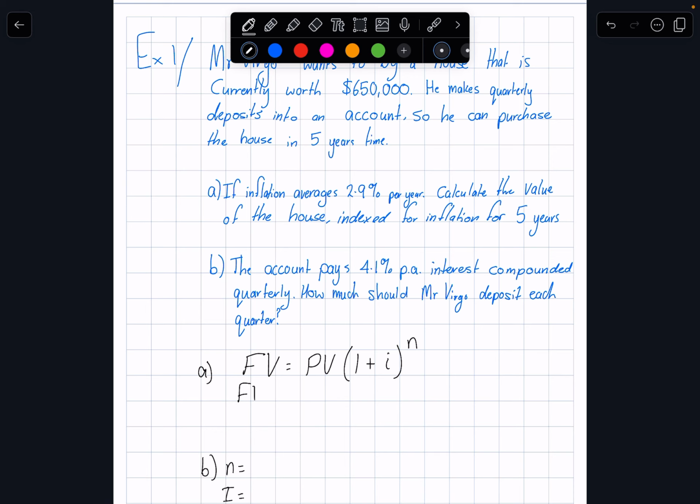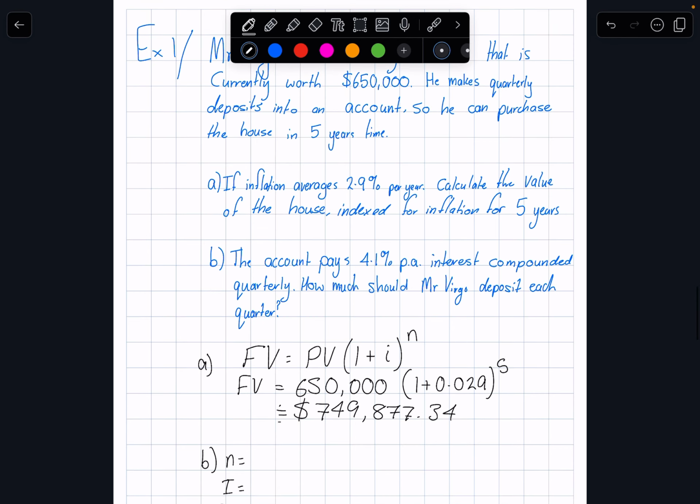So my future value is going to equal: my present value is $650,000, 1 plus my interest rate of 2.9%, so 0.029, to the power of 5 years. After 5 years, that same house that was worth $650,000 is now worth $749,877.34. So it's gone up nearly $100,000 in 5 years.